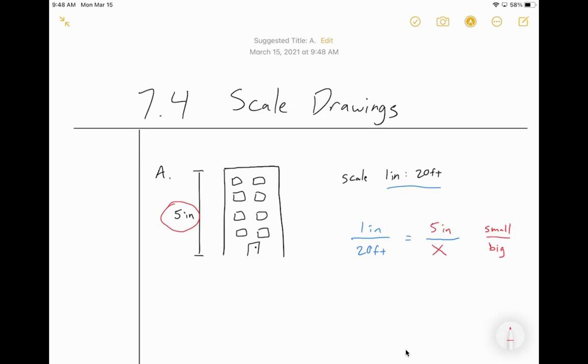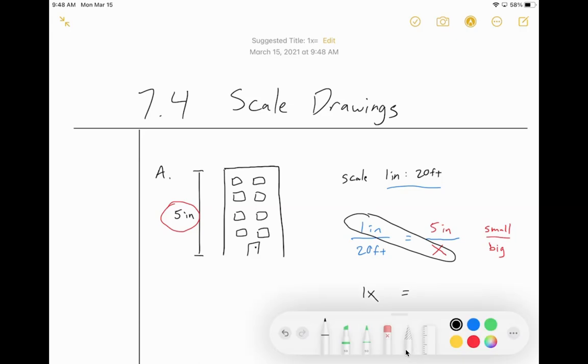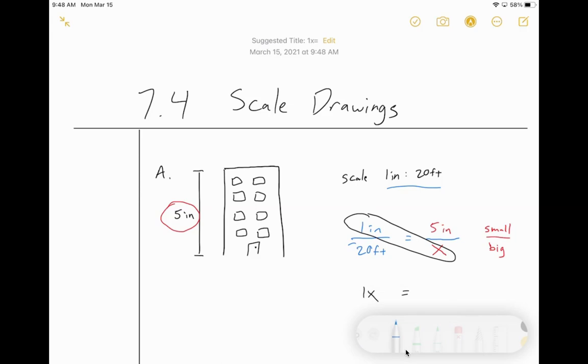Okay, now hopefully this looks familiar, but we haven't done this in a while. So what I'm going to do is cross multiply and solve, right? Cross multiply and solve. You guys remember that? Okay, so here we go. 1 times X is 1X, or just X, is equal to 20 times 5, which is 100. 100 what?